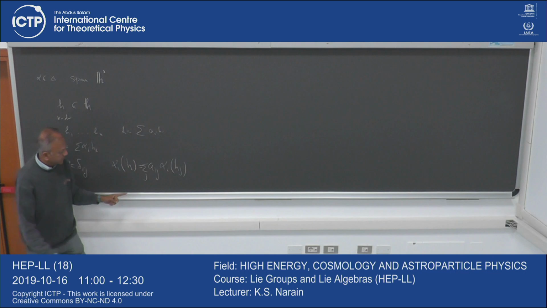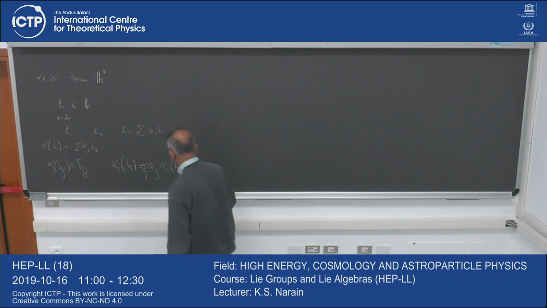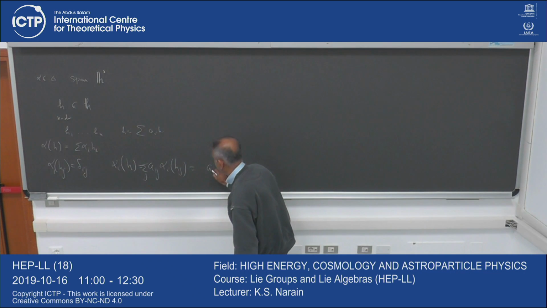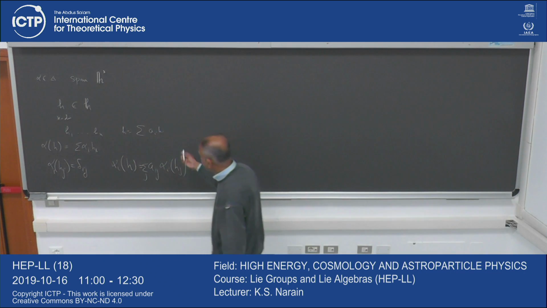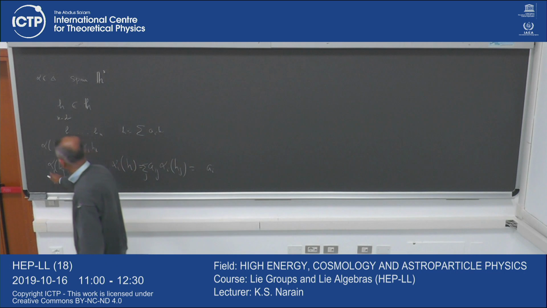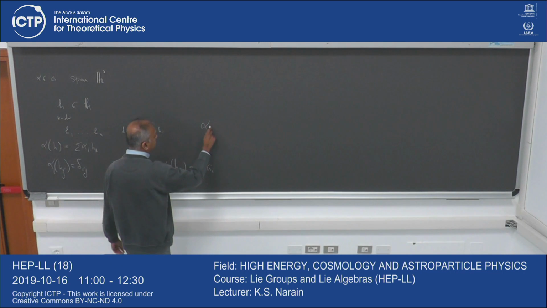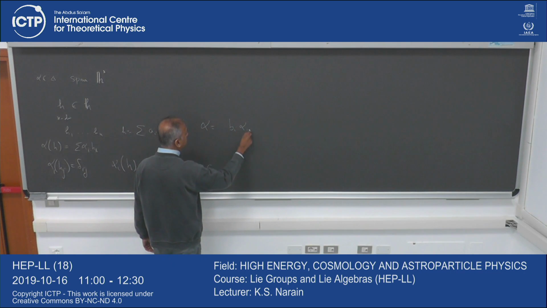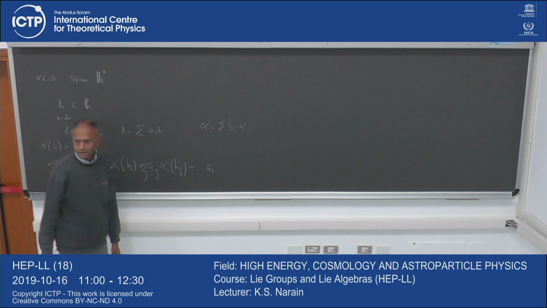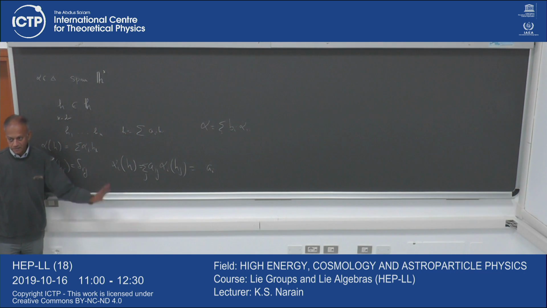Is that clear? But now with this basis delta_ij, this is just equal to a_i. So any function alpha I can write as some coefficients b_i times alpha_i. So this is the space of linear functions.